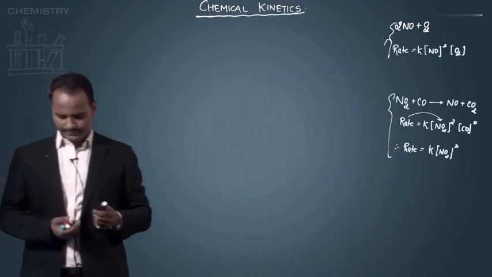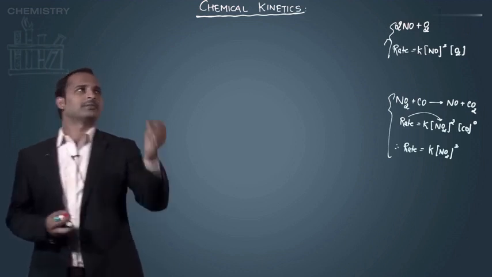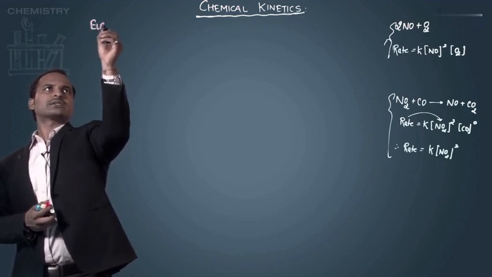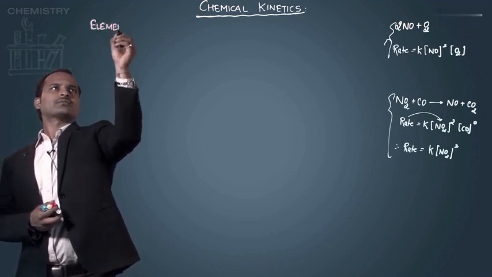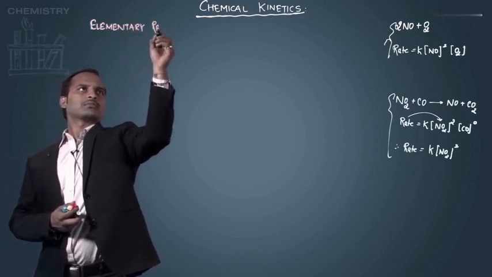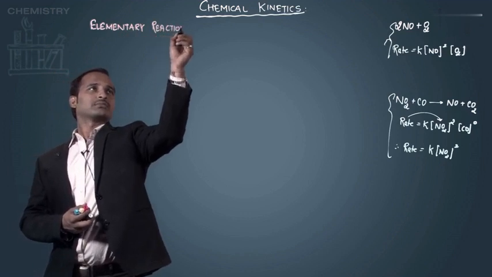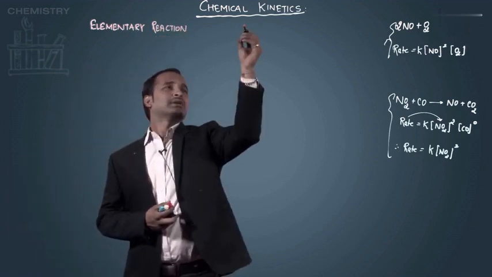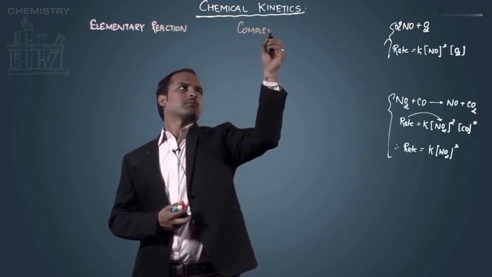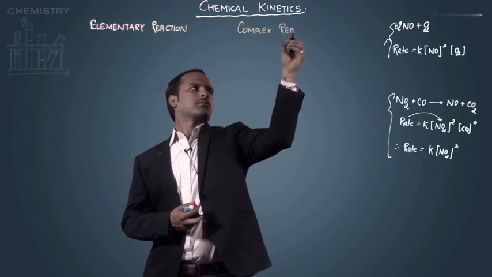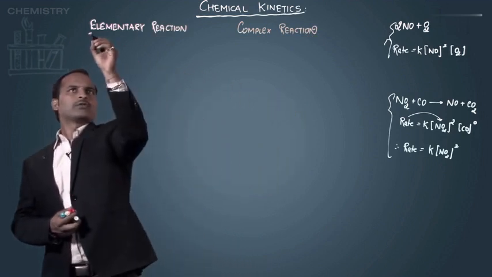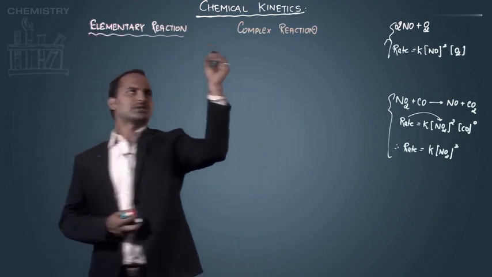One is called elementary reaction, and the second one is called complex reaction. Now what is an elementary reaction and a complex reaction? Let's see.